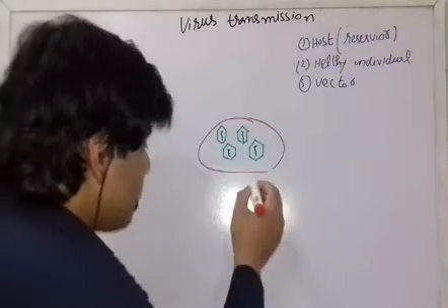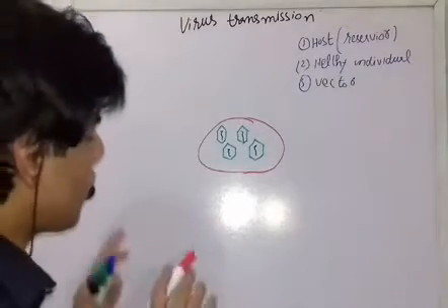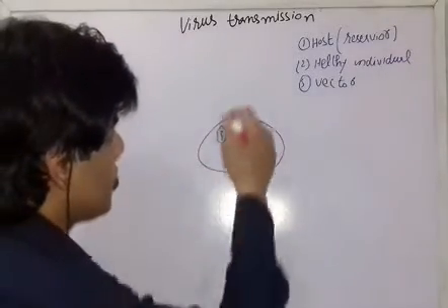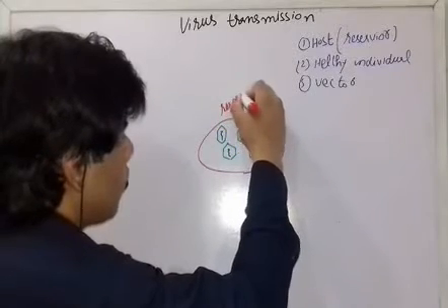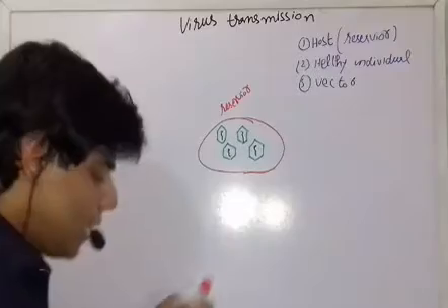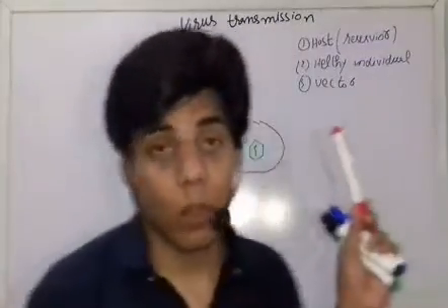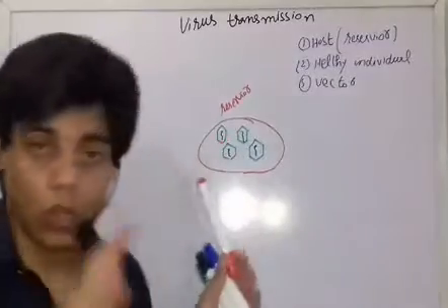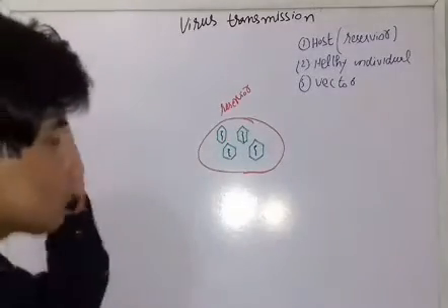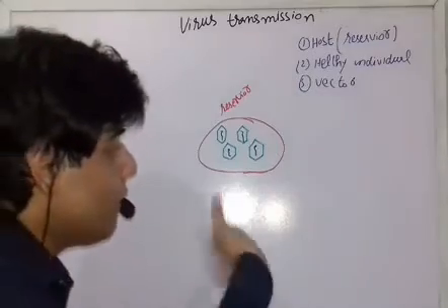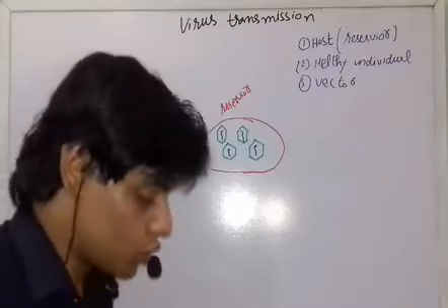Now this host is already infected, and we call it the reservoir. They have the disease, meaning they have the viruses present inside the host. Now this host is infected. So what happens in this case? They will carry the viruses and infect another healthy host.